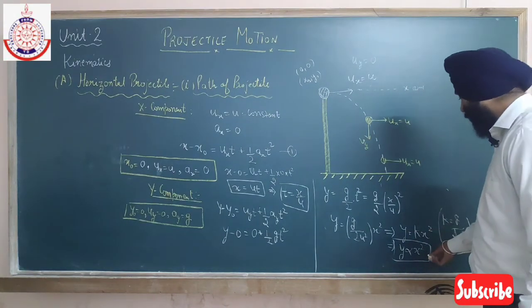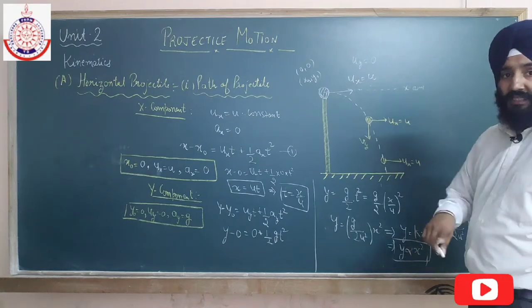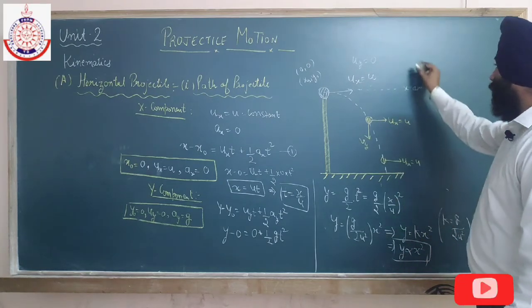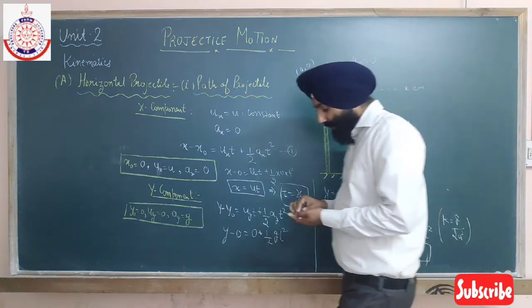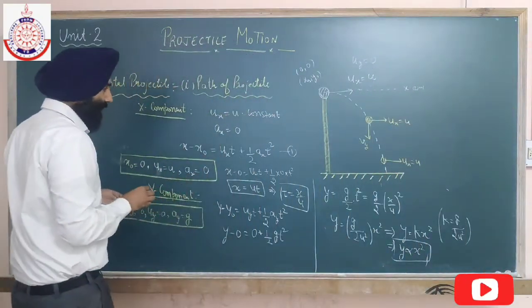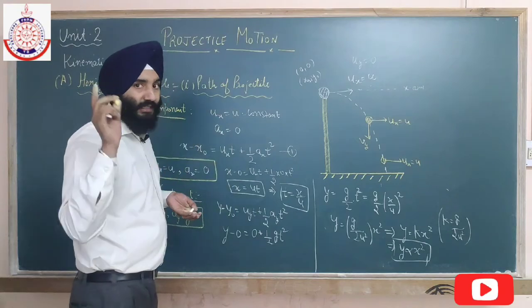So this condition is of what? This condition is of a parabola. किसकी condition है बच्चे? Parabola की ये condition. So what I conclude: the path of projectile is parabolic in nature.